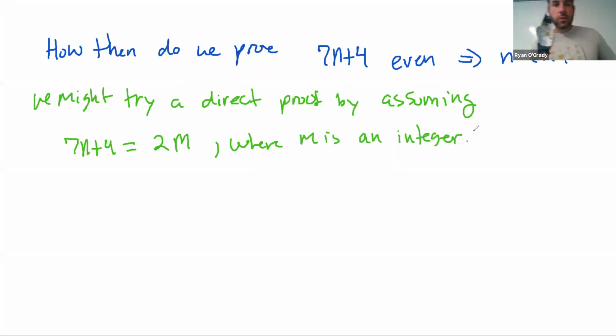So m is an integer, and if I assume that 7n plus 4 is even, that means that I can write it as 2 times m. Pick an even number. What's your favorite even number? You say, I like 10. I can write it as 2 times 5. Pick any even number. The definition of being even means you can write it as 2 times something. Okay, so let's see what happens if we do this.